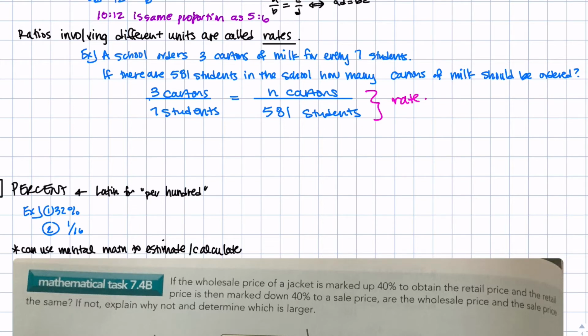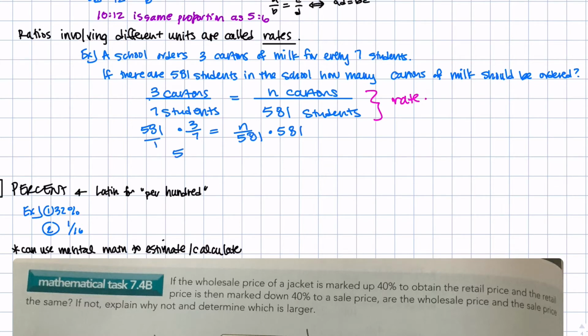Instead, what I would think of doing here is, let's see, I'll get rid of these units just for clarity. What I would think of doing here is using the idea of inverses. So I'm dividing on the right-hand side by 581, and I want to solve for n. The inverse operation to division is multiplication, so I'm going to multiply by 581 on both sides, which is really just 581 over 1.